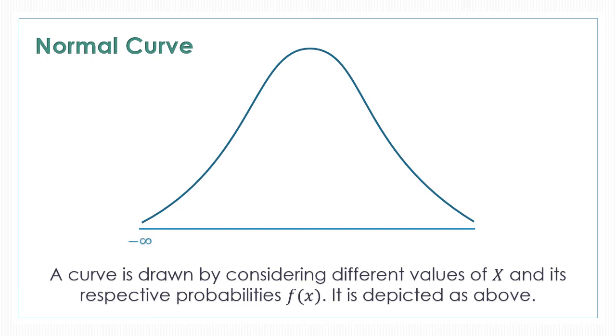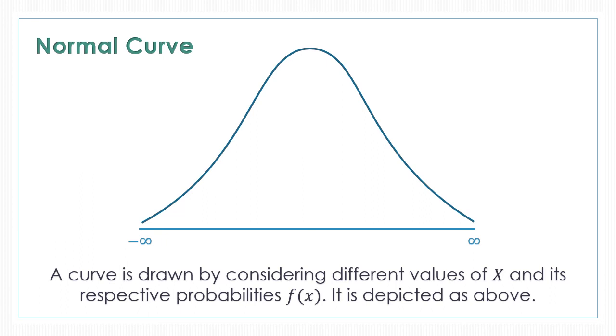Now in this curve, the leftmost limit is the negative infinity, because the value of x lies between negative infinity and positive infinity. So the rightmost value will be the positive infinity. Now, mean is the average of the whole distribution. Therefore, mean always lies at the center, because from this curve you can see this is a symmetric distribution.